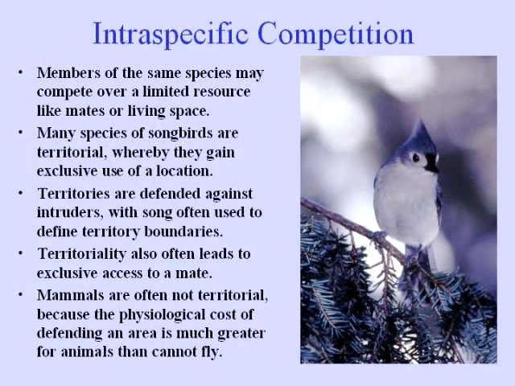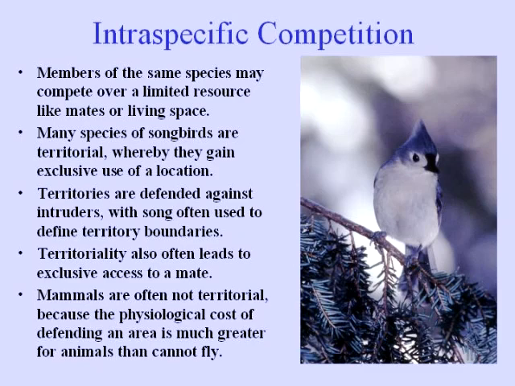Now we have one more slide in order to finish up our discussion of competition. We've looked pretty thoroughly at the issue of interspecific competition, but we have yet to consider intraspecific competition. That is, competition within a species. So within a species, males might compete with other males for mates, or pairs of individuals might compete over living space.